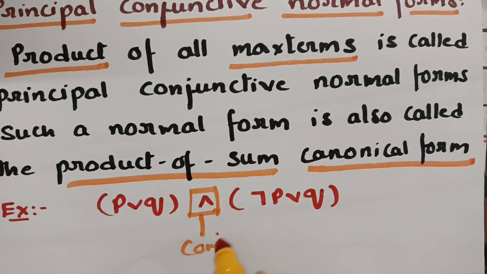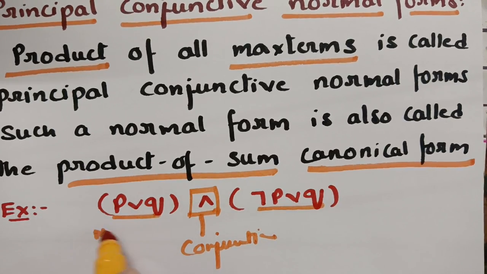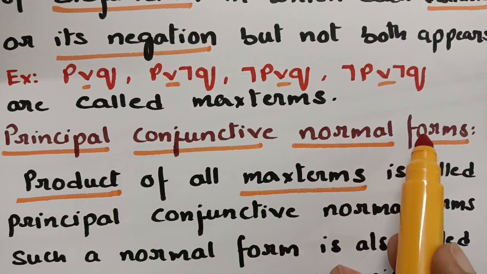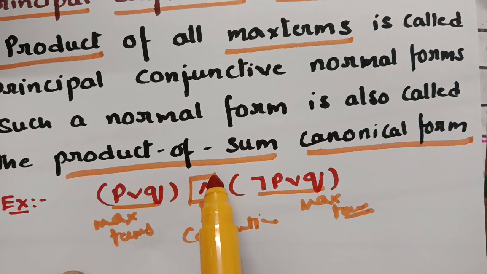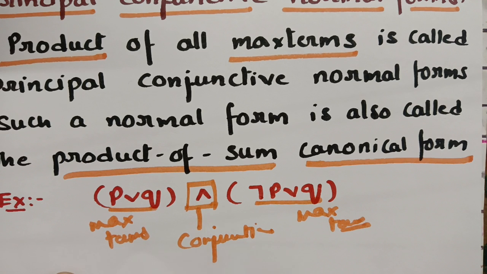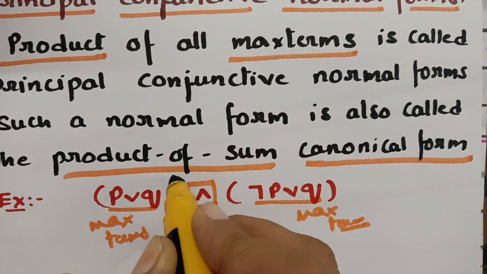So these are the max terms, and whatever is in between these max terms, we have to call the principal conjunctive normal form. If it is a conjunction of disjunctions, we call it principal conjunctive normal form. As you can see, this symbol is the product symbol.